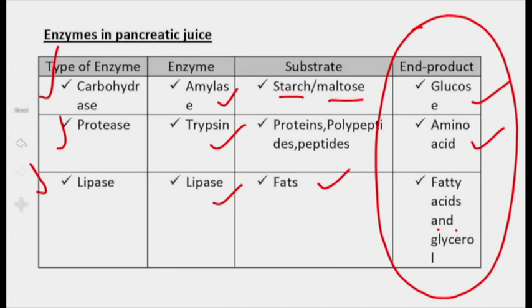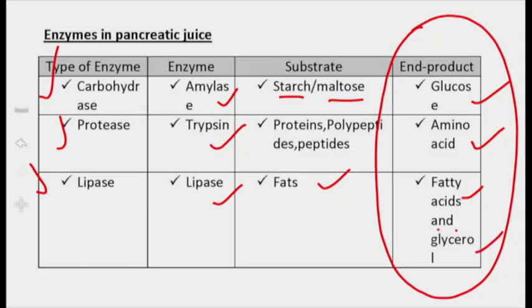Lipase will act on fats, as we saw from the structure of the fat molecule, which had a fatty acid on one side and glycerol on the other side, bonded, making the fat molecule. So once again, when the fat is broken down by the enzyme lipase, you get fatty acids and glycerol. They go together. Students are not expected to say the end product of fat digestion is fatty acids.